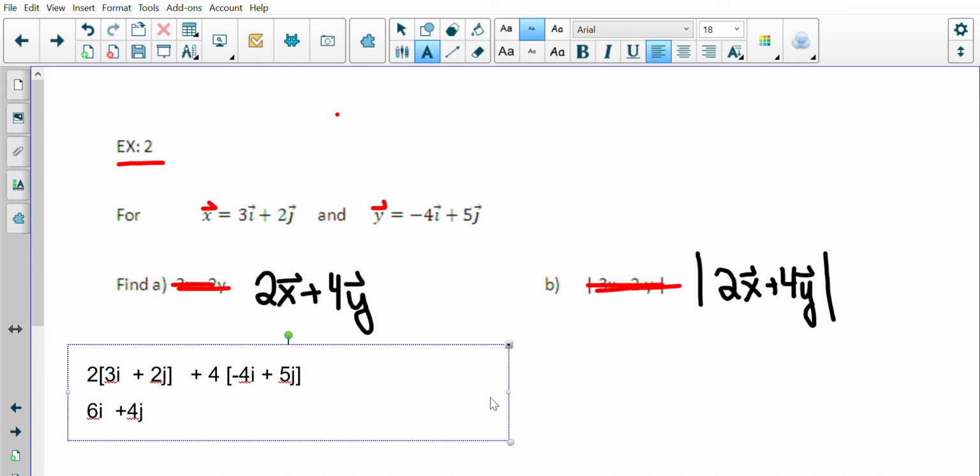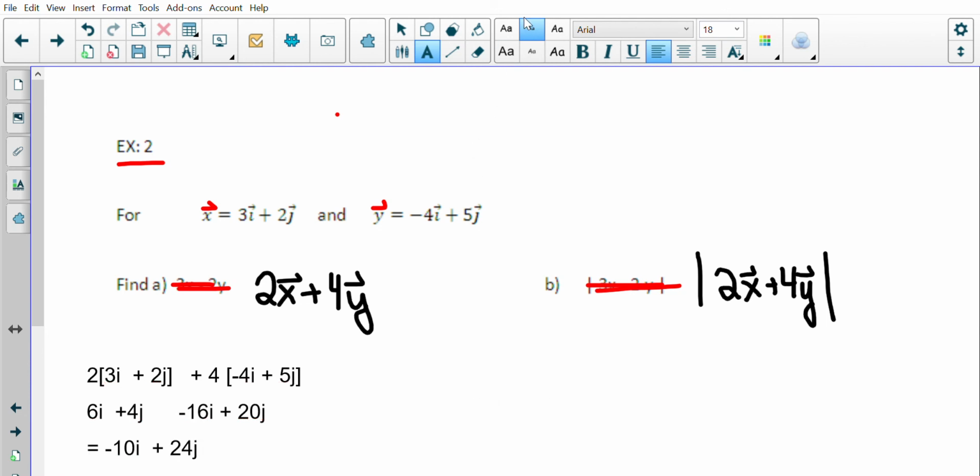In the second bracket, 4 times negative 4i is negative 16i, and then positive 20j. Just like polynomials, I can put my i's and j's together like terms. So 6i minus 16i is negative 10i, and the j's together give me positive 24j.